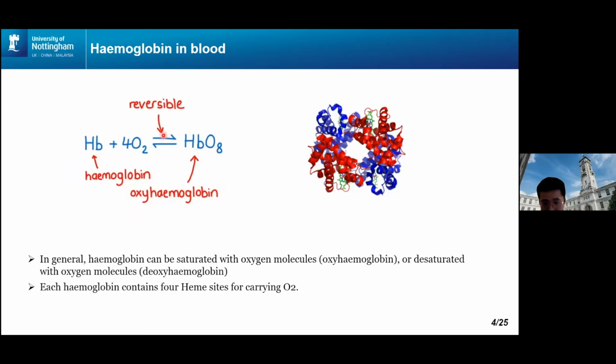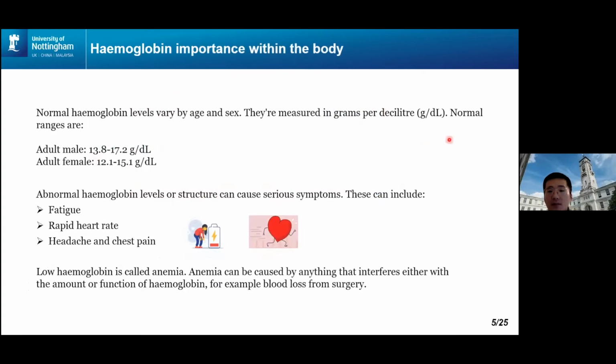You can see when it is desaturated of oxygen molecules, we call it deoxyhemoglobin. And based on the above evidence, you would know the hemoglobin is very important for human life.